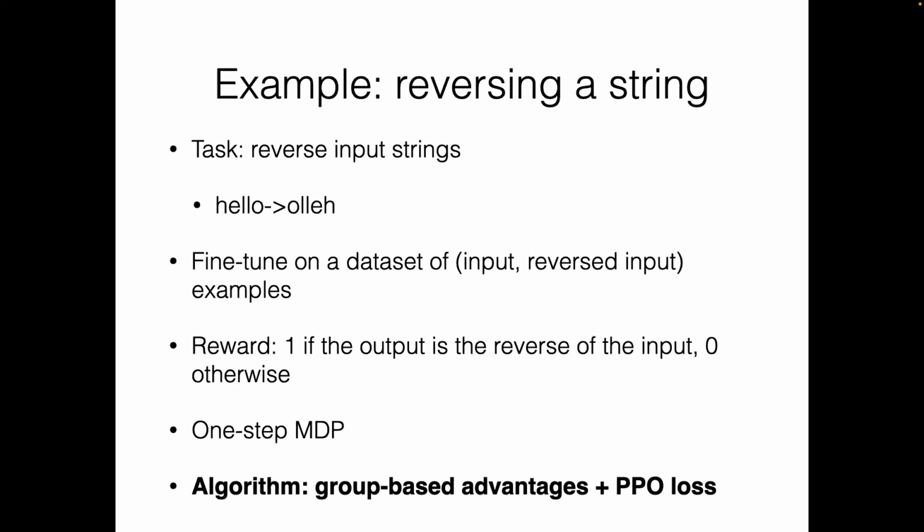And the algorithm will have these two different parts. So I'll introduce these on the next two slides. So the first is what are called group-based or group relative advantages, and then the PPO loss, which we also saw in the last class.